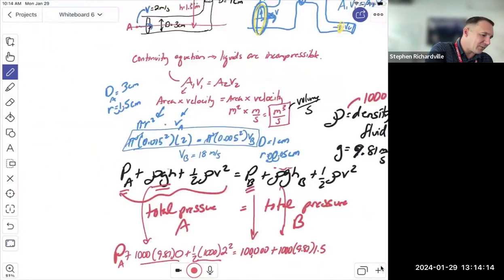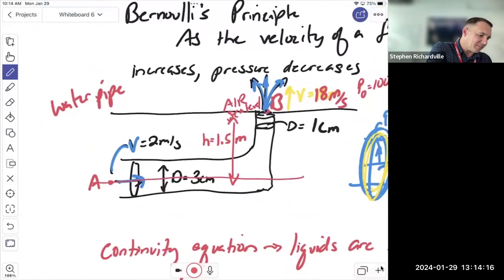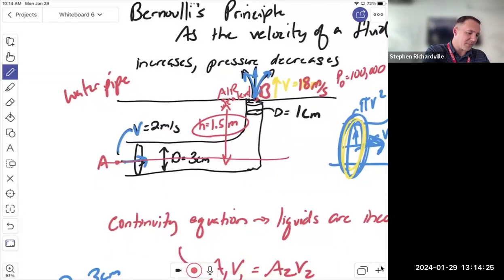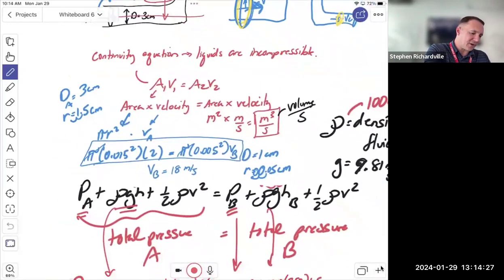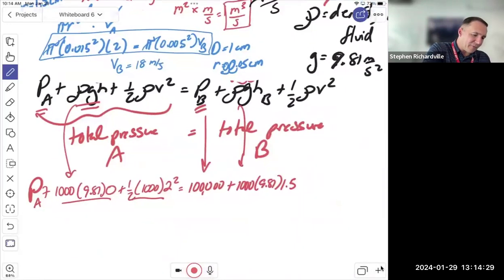Why? That little piece is given in the problem. The top of the pipe is about 1.5 meters above the point A. Okay, so then to finish this off, and I hope that my velocity is good because that error is going to carry forward here, but I got about 18 meters per second.